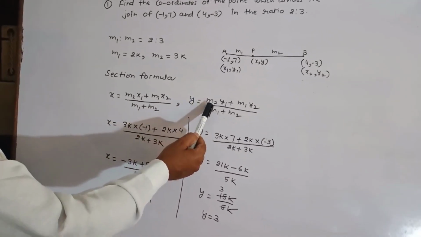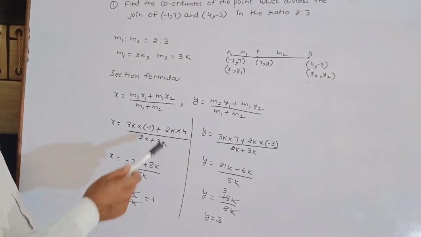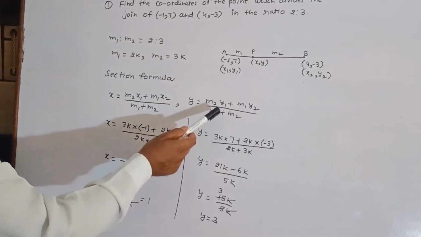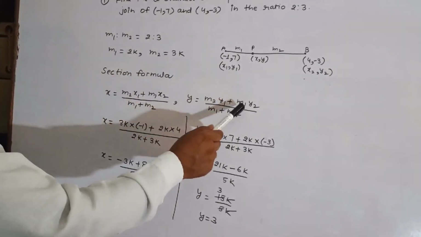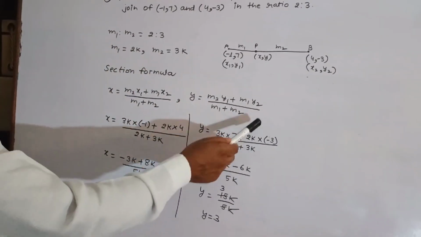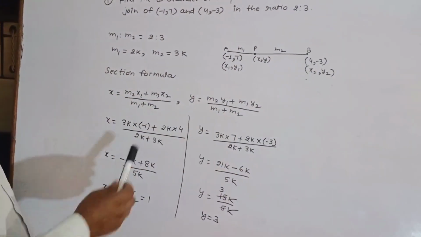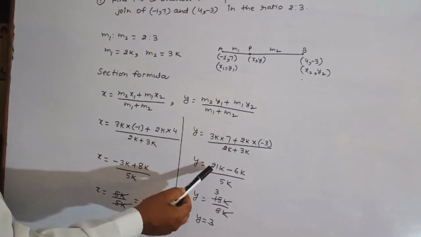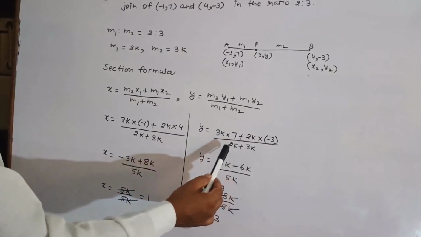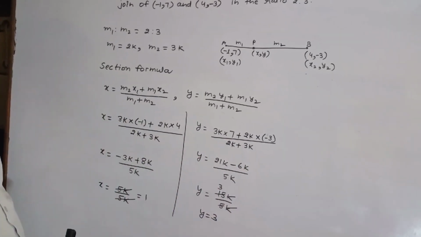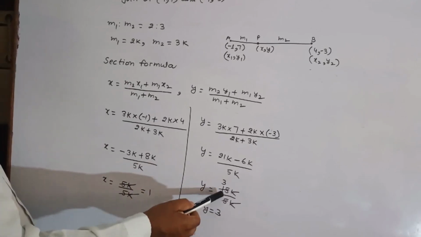Similarly, y is equal to (m2 y1 + m1 y2)/(m1 + m2). The value of m2 is 3k into the value of y1, this is 7, and the value of m1, this is 2k, and the value of y2, this will be minus 3, upon m1 plus m2, 2k plus 3k. 7 threes are 21k minus 2 threes are 6k, over 3 plus 2, 5k. 21k minus 6k, this will be 15k over 5k. k cancels out, 5 threes are 15.